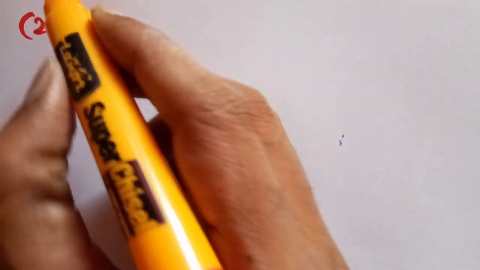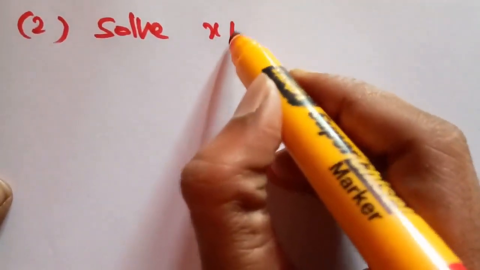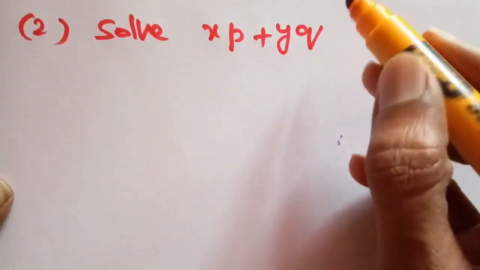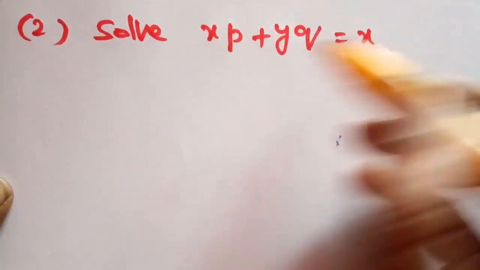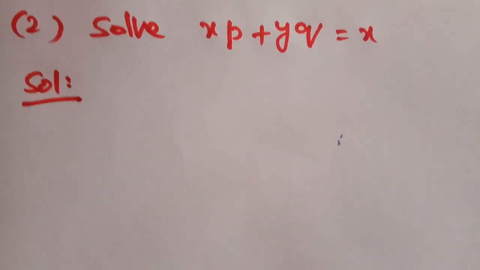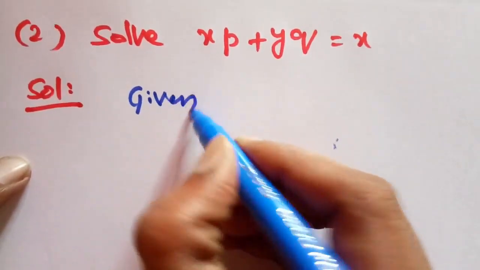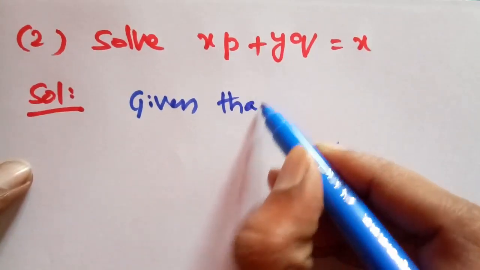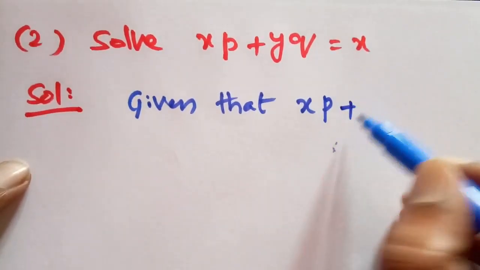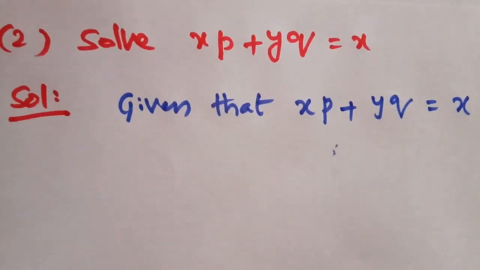Problem number 2. Solve x into p plus y into q equal to x. First write down the given equation. Given that x p plus y q equal to x.